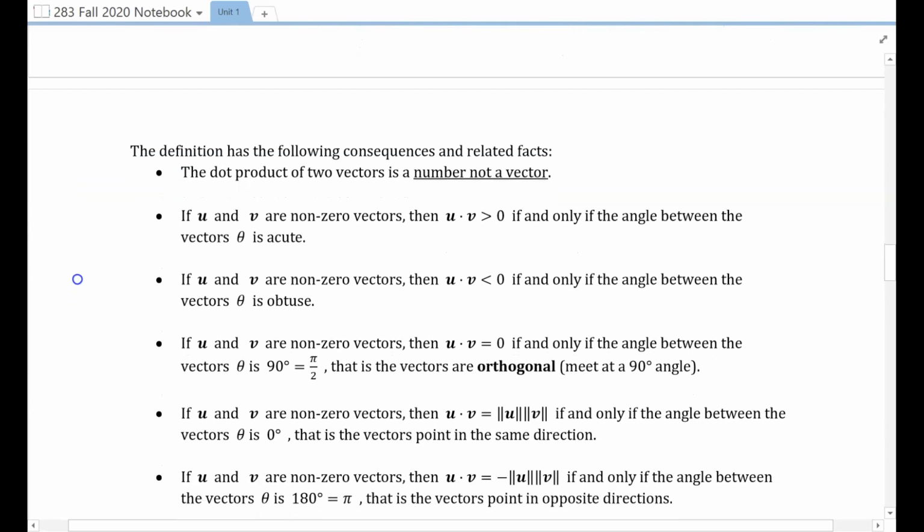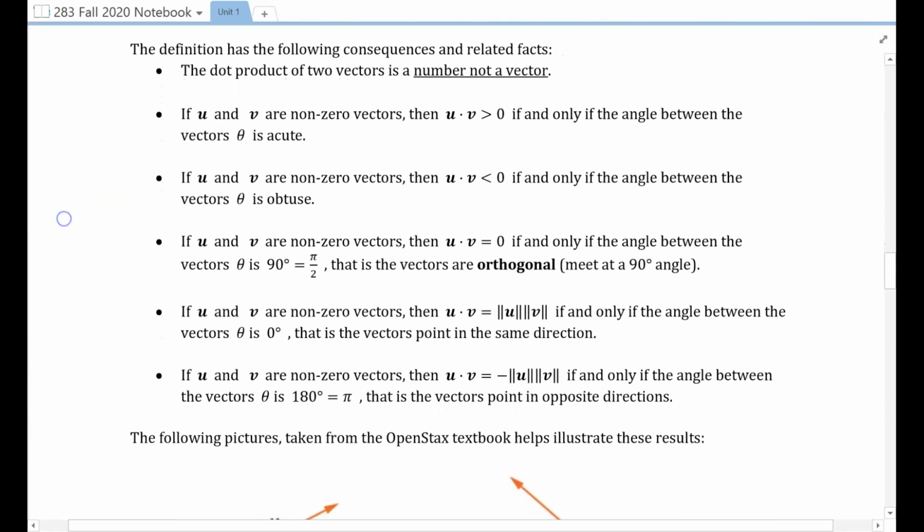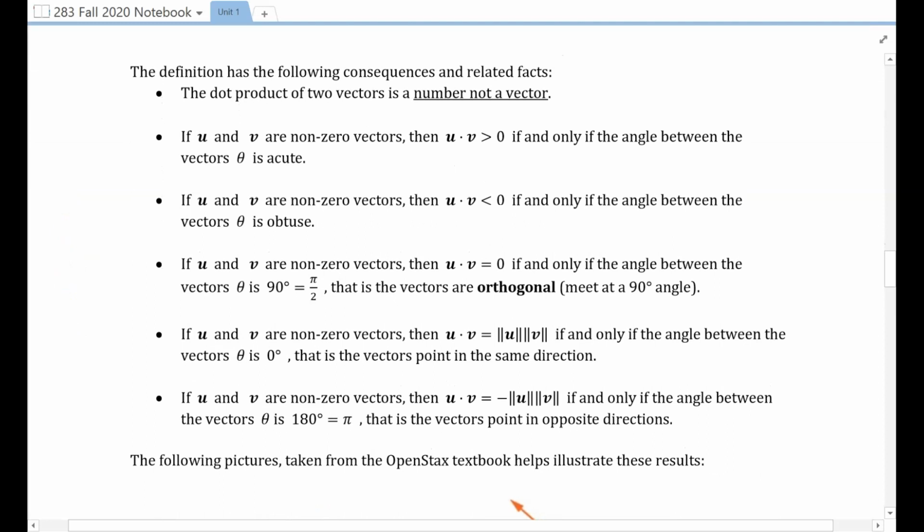Alright, moving on now. This definition has a few consequences that are related to it. These are some geometric consequences. So this is another reason I like to do the version of the definition of the dot product that I showed first, in that we get these following consequences. The first one's true either way, but the dot product of two vectors is a number, not a vector.